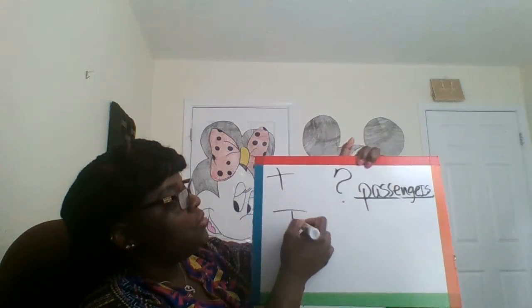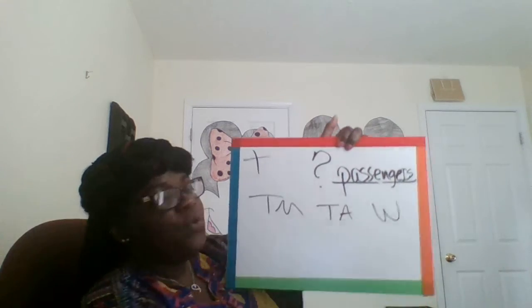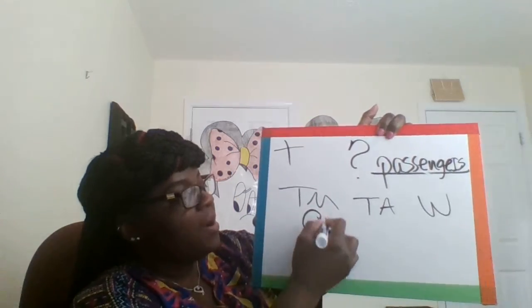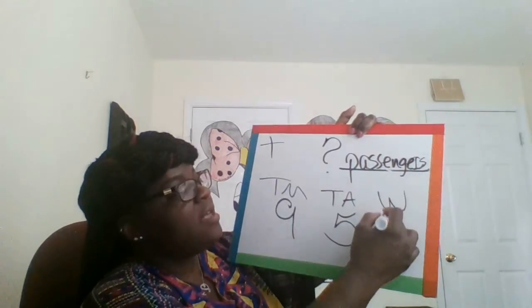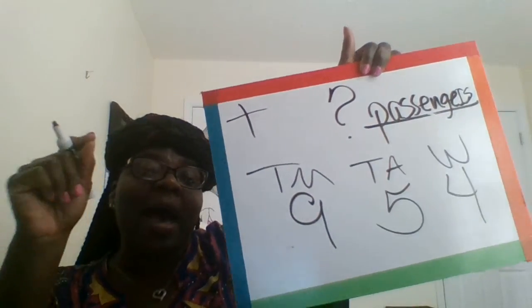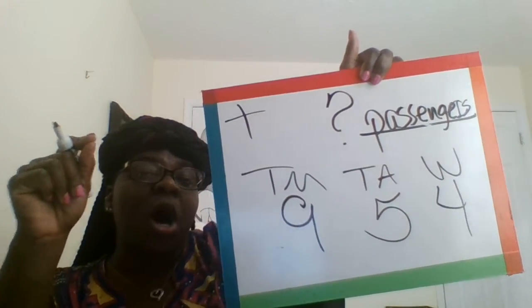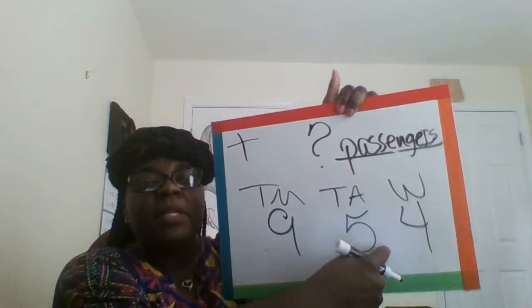Tuesday morning, Tuesday afternoon, and Wednesday. Tuesday morning, he had 9. Tuesday afternoon, there were 5. And then Wednesday, there were 4. So you need to know how many passengers there were all together. 9 plus 5 plus 4. All right? And then you're going to put your answer. Show your work in the workspace over on the side.